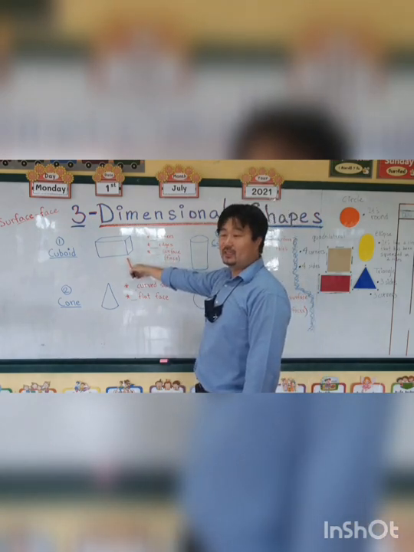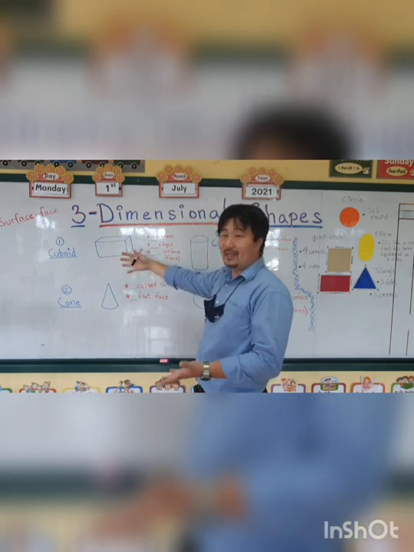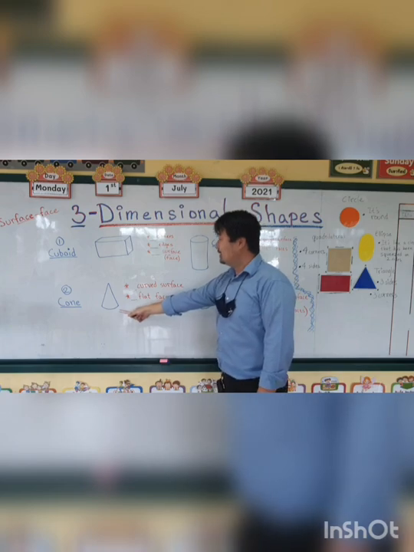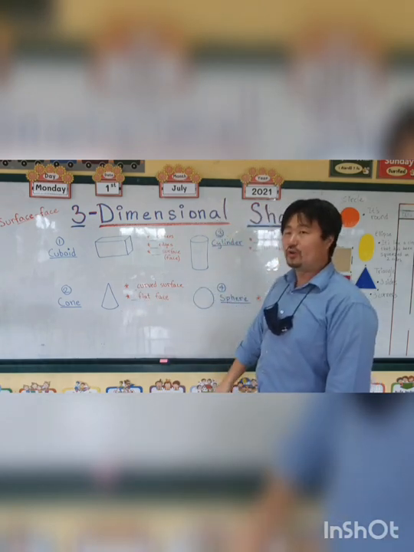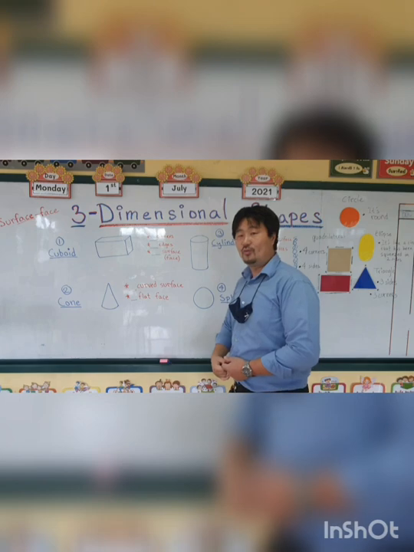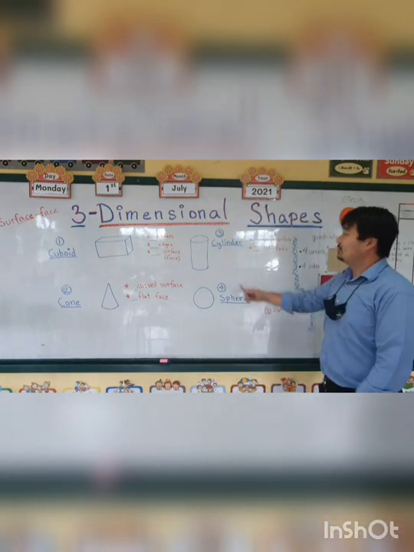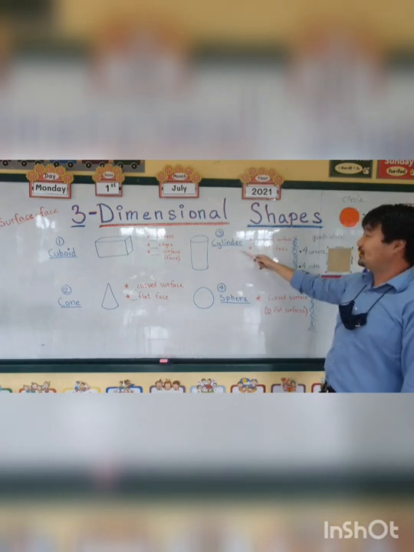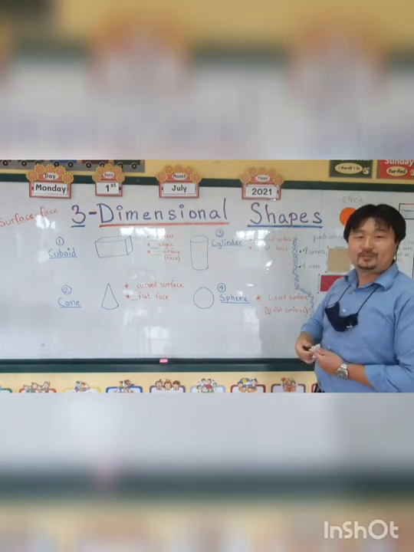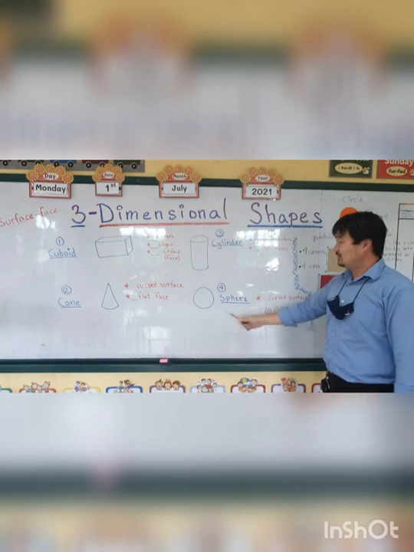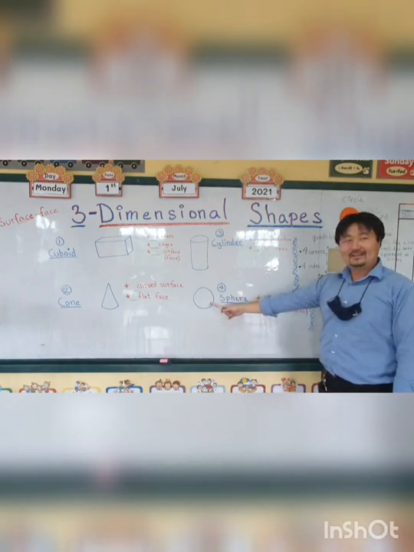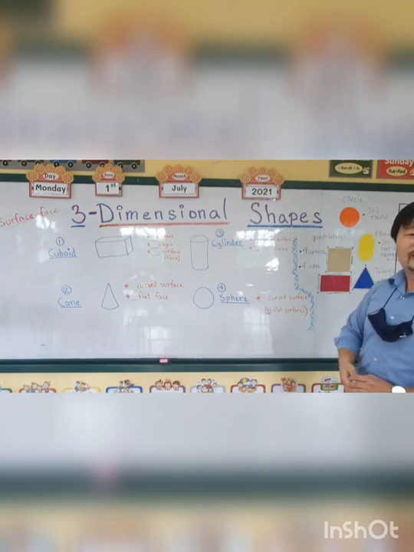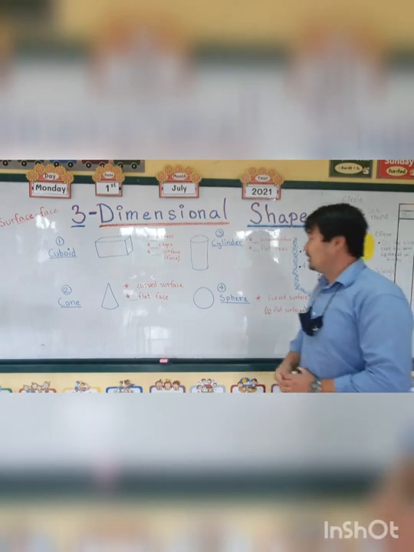It can look like this, but it can look slightly different as well. And what about this? That is called a cone. Good. A cone. And the third, what is that? That is called a cylinder. And the fourth and last one, what is this? It's a sphere. Okay?